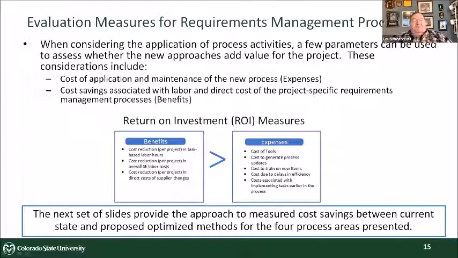Because I can have the perfectly worded requirement and it could be the wrong thing. It could maybe not be feasible if I haven't delved down into other things.